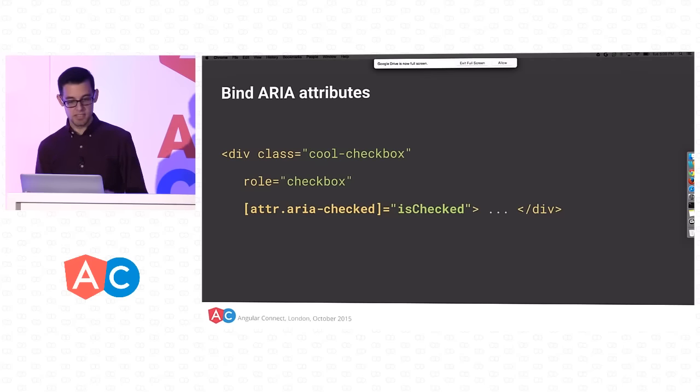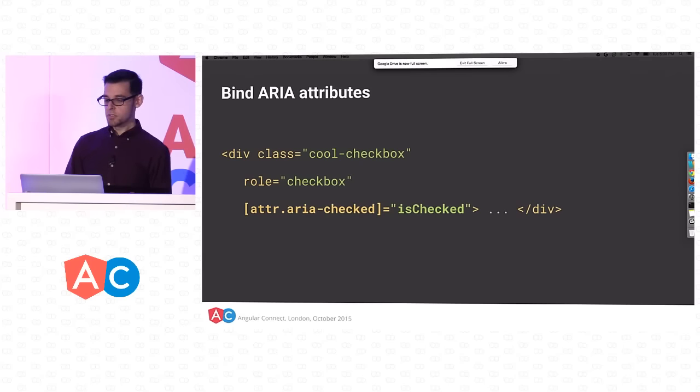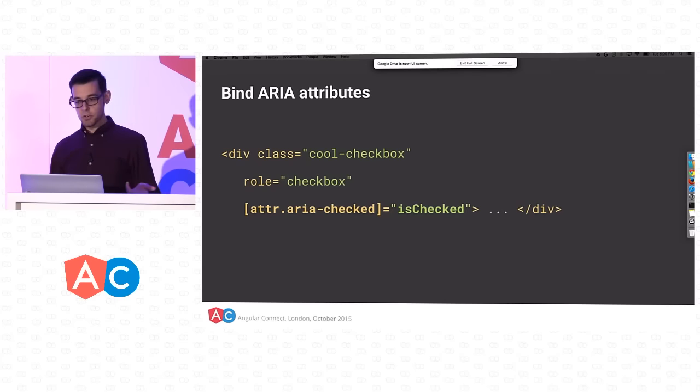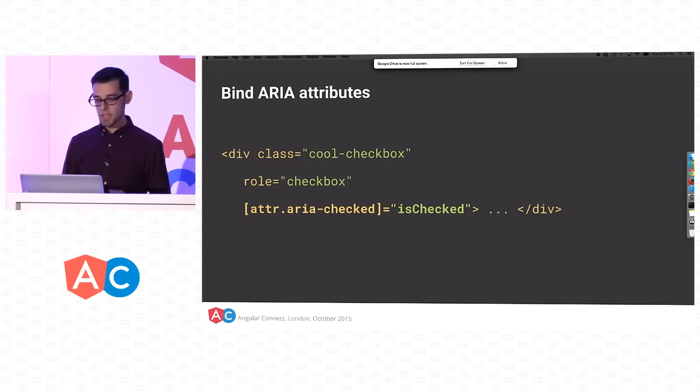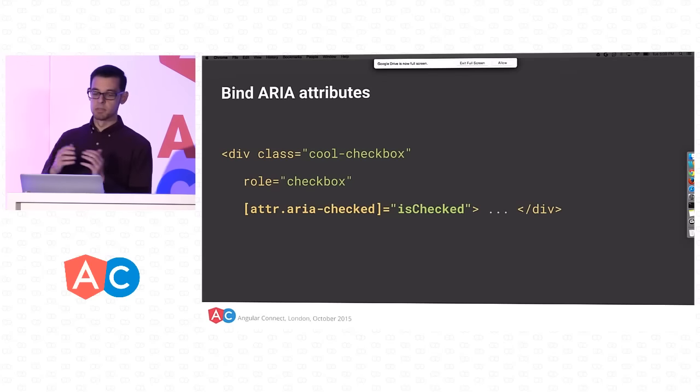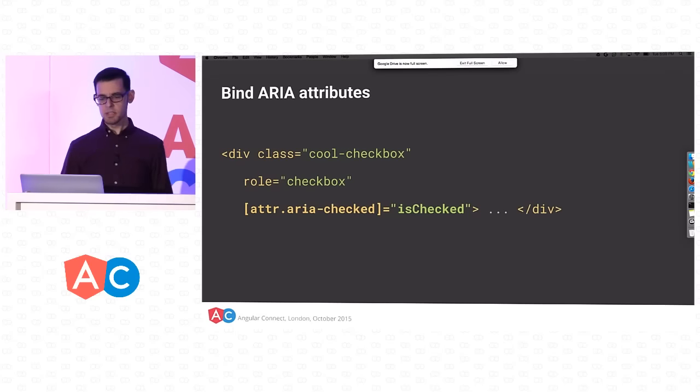The only small difference is that for ARIA attributes, you do have to use this extra prefix, attr dot, as you can see in this example. This is because, by default, Angular 2 binds to properties, but the ARIA spec is implemented through element attributes instead of element properties.